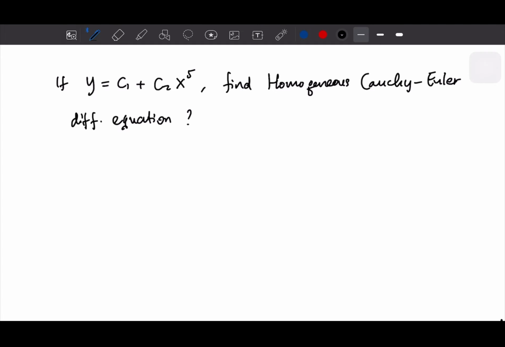Write some conclusion from those equations.